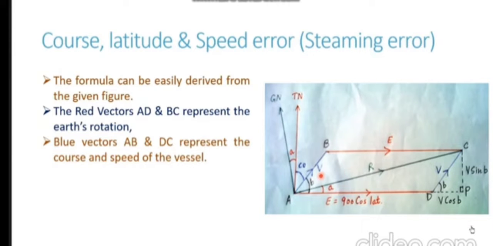And if you go to the opposite side of the parallelogram, that is Delta to Charlie, you will see that this Delta to Charlie vector is exactly the same as the Alpha to Bravo vector. So both these vectors, forming two opposite sides of the parallelogram, Alpha to Bravo or Delta to Charlie, represent the course and speed vector of the ship.